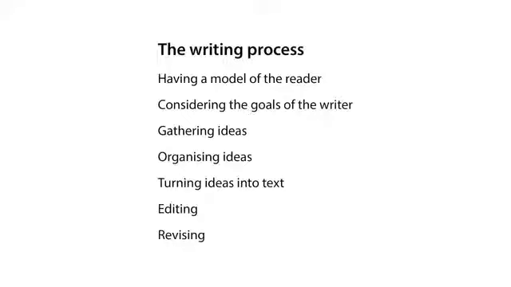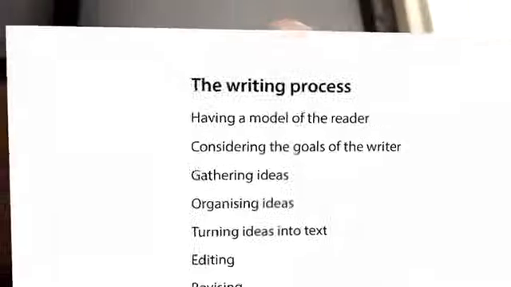The second thing to think about is who is going to read that piece of writing. And that's called having a model of the reader. This is actually very important. When people do academic writing, they often get a bit confused about who they are writing for.